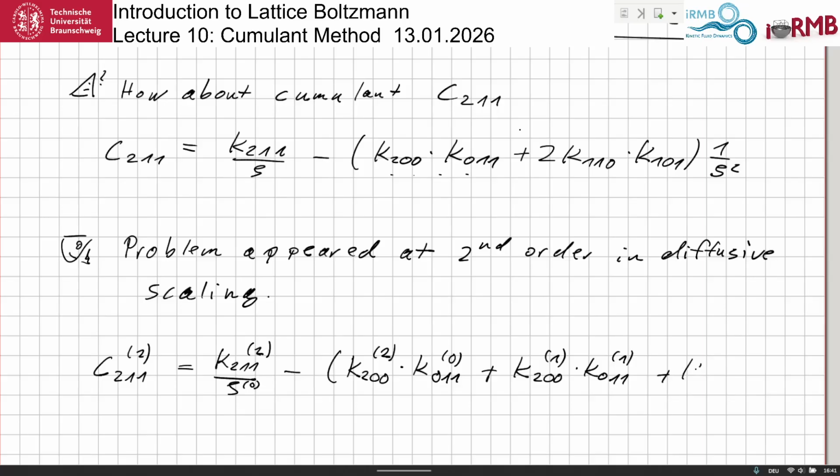And then, of course, we have K000 to zero order and K011 to second order.